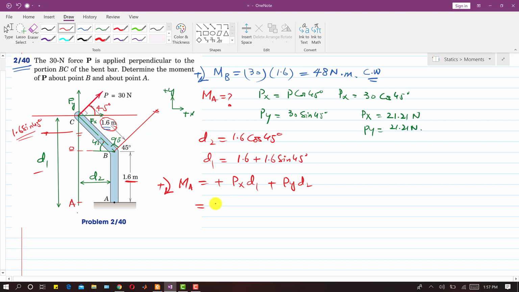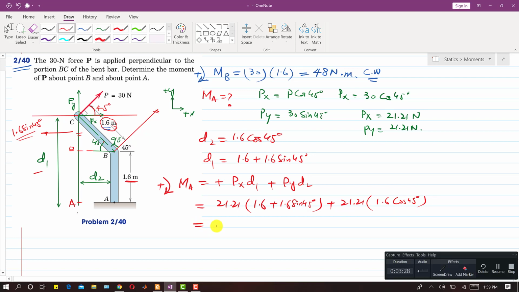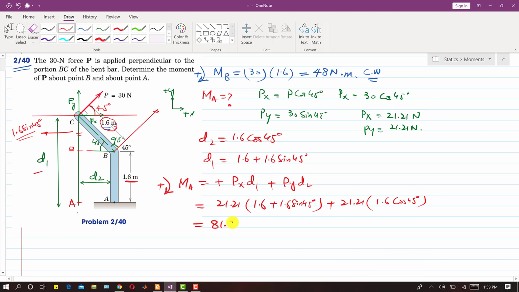Now I will write Px is 21.21, right, and d1 is 1.6 plus 1.6 sine of 45 degrees, plus Py. So Py is 21.21 and it is 1.6 cos of 45 degrees, right? So when we solve this, it comes out to be 81.9 Newton meter, right, and the direction is clockwise, right? So this is the solution of this problem.